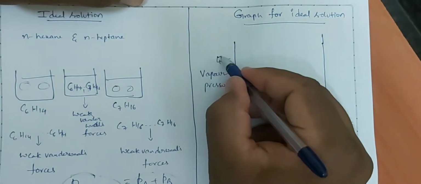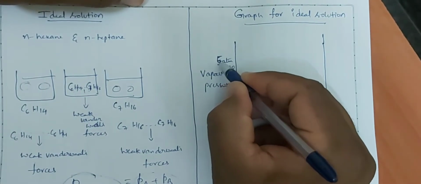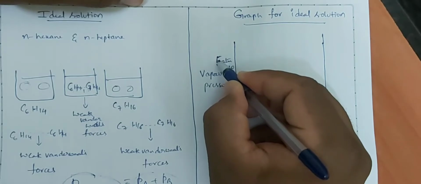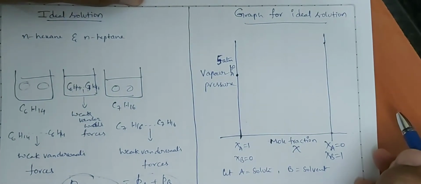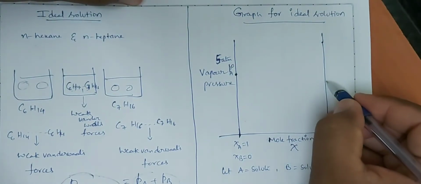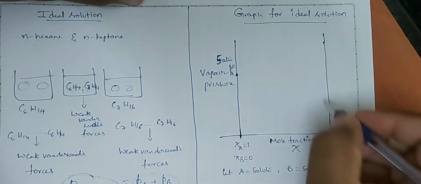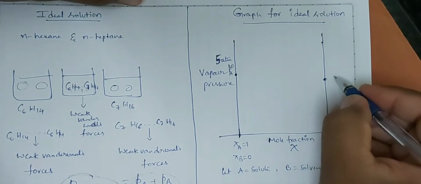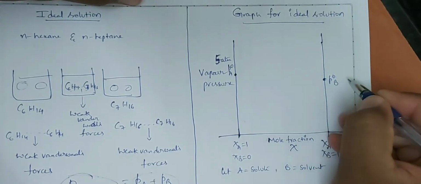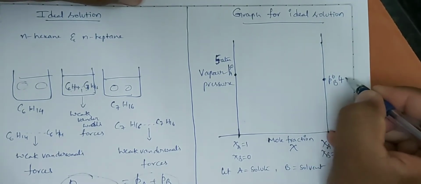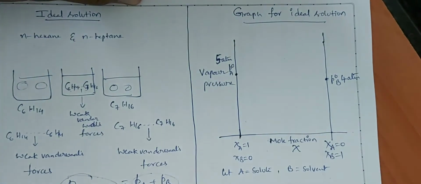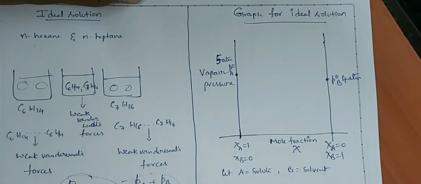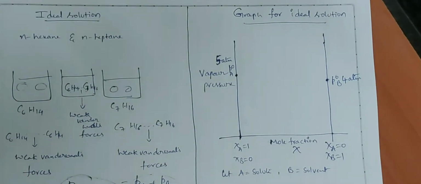On the other side we take only solvent. From here to here, this is called P naught of B. P naught of B value is 4 atmospheres.